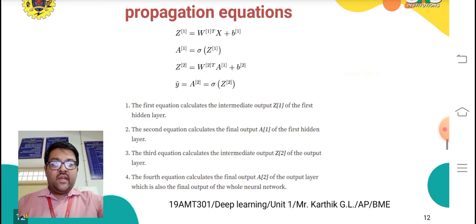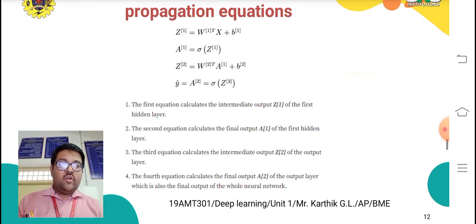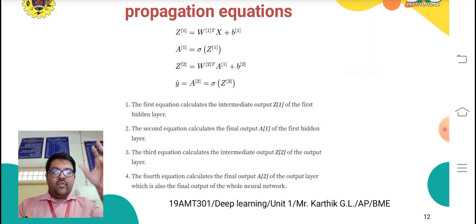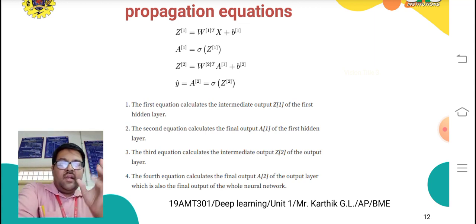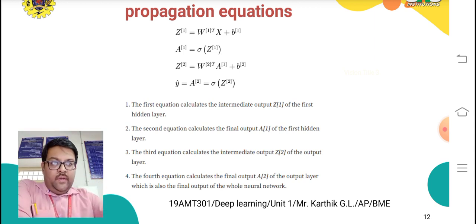The third equation calculates the intermediate output Z to the power 2 of the output layer. The fourth equation, that is Y, is the final output from layer 2, the output layer, which is also the final output of the whole neural network. So this is the forward propagation equation from the input layer, then the hidden layer, then the output layer.